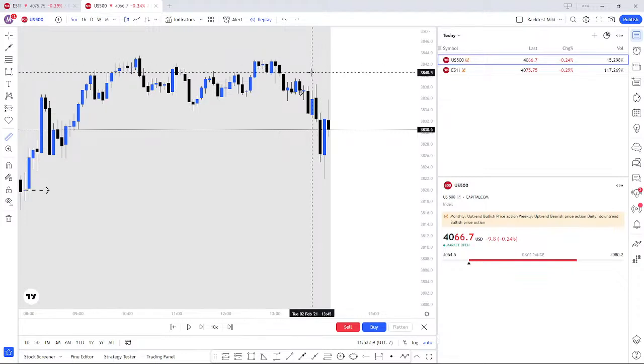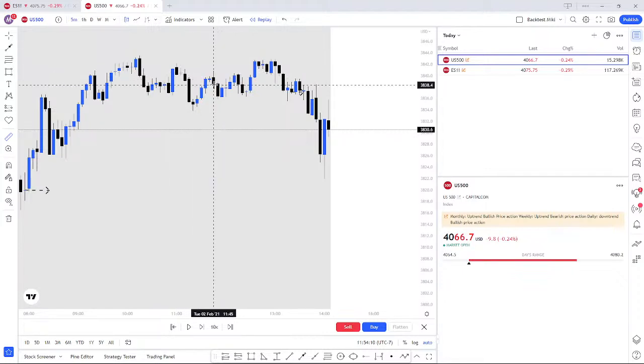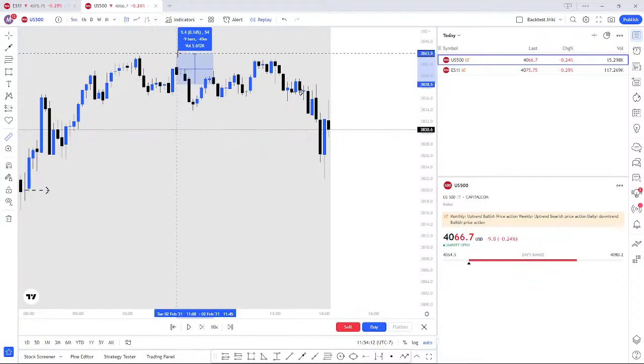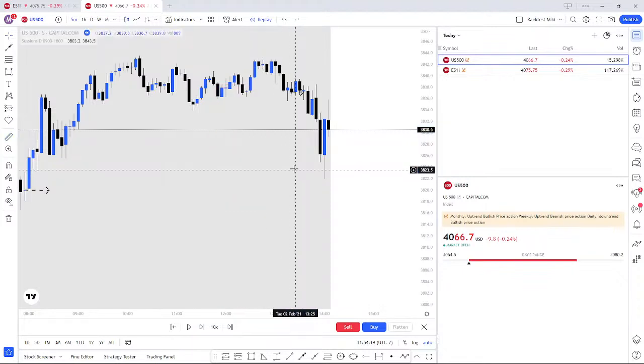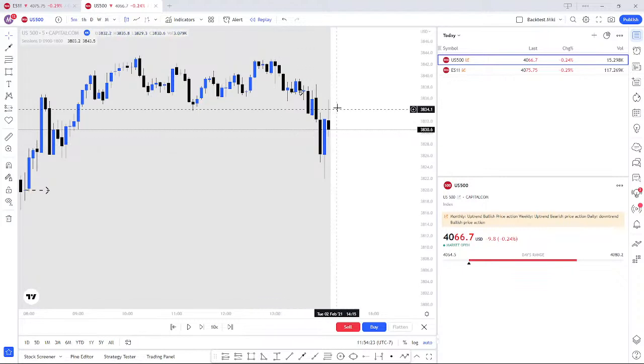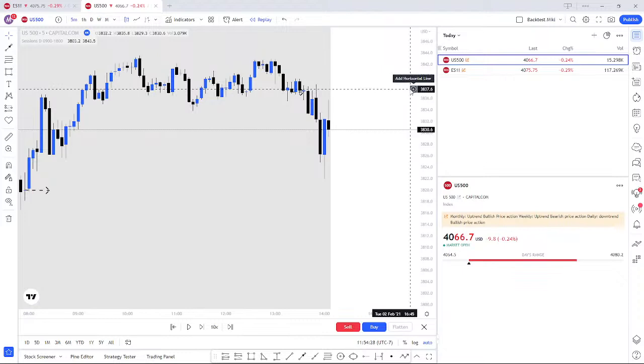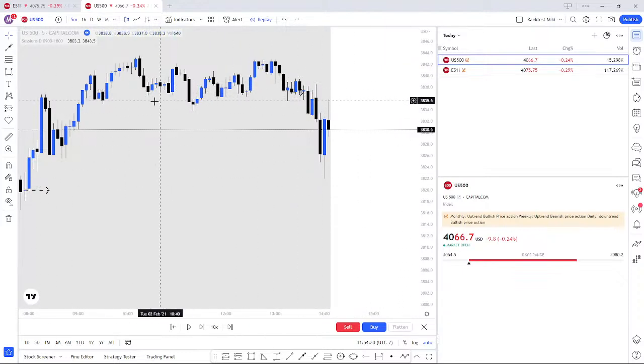Basically the only entry we saw. Could have forced this, I guess. So risking 10 and you get 20. But yeah, get whatever we get from these trades.